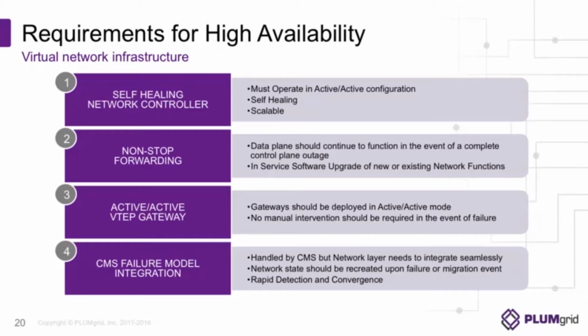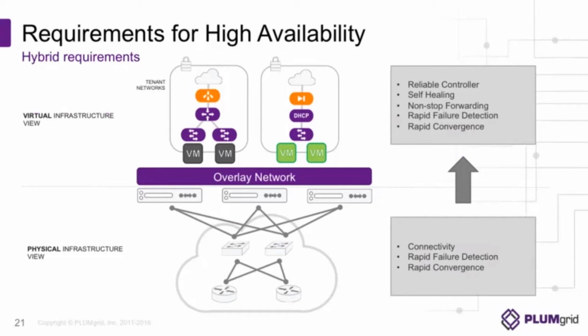And obviously rapid detection and convergence is, again, a function of the CMS. It should be able to alert you, like send you a text or something like that. Those are the requirements for virtual networking infrastructure high availability.